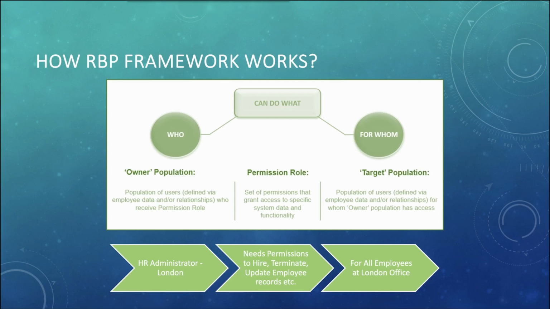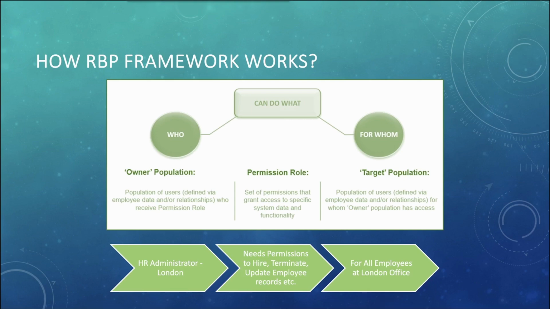But another important key factor is that the HRs in London may not need access for all the employees across the organization, right? They will probably need access just for the employees who work at the London office, because they are the HR managers for them.